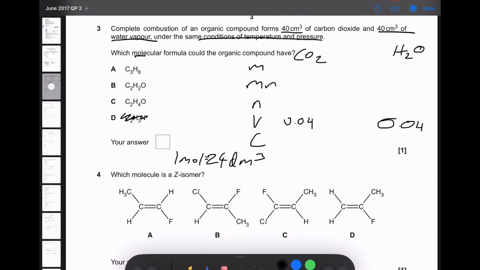So then we're going to do 0.04 over 24, which gives you 0.0017, and that's going to be the same answer for this. So these are in a 1-to-1 ratio.